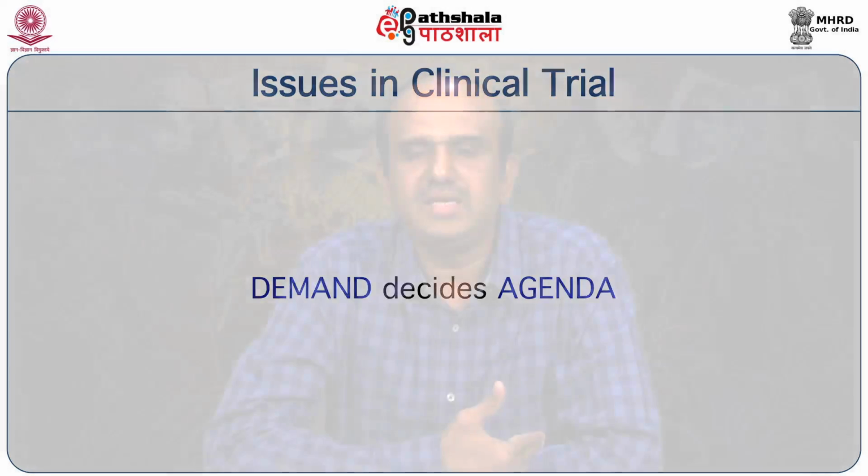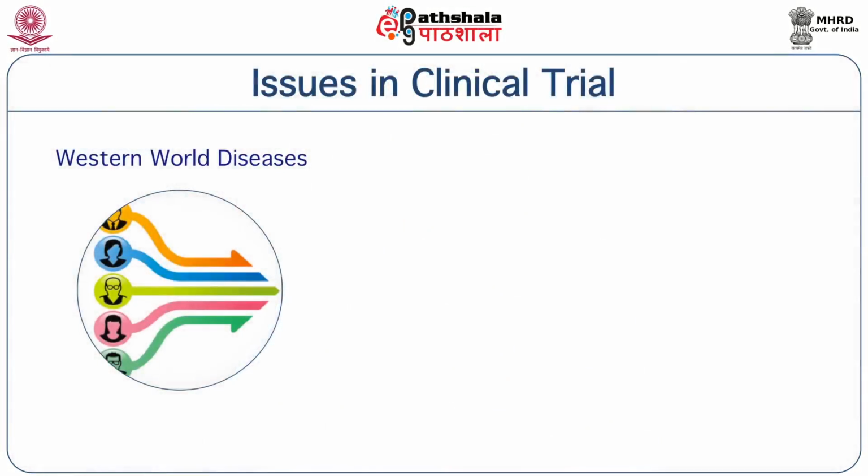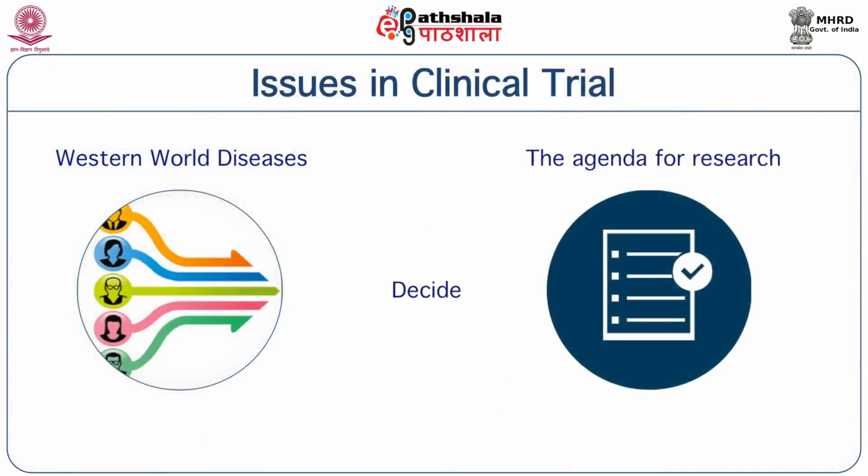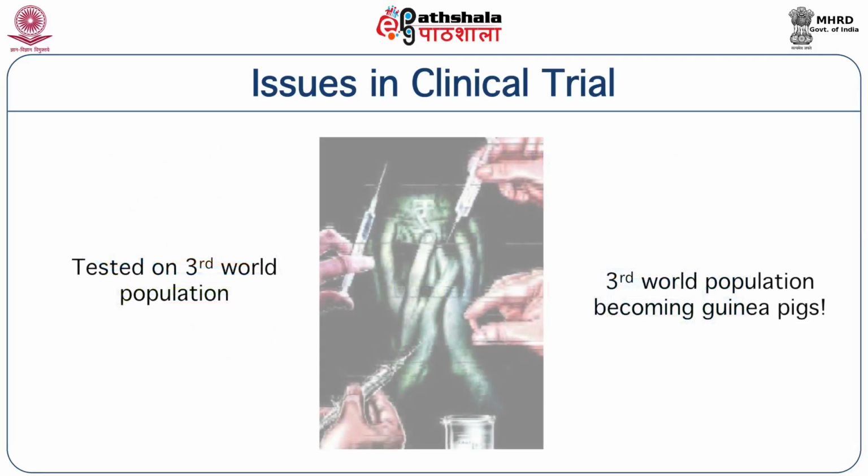One of the major issues raised in clinical trials is that lifestyle diseases and diseases of the Western world constitute the research agenda, while it is tested on the population in third world countries, and therefore the third world population is becoming more like guinea pigs. A lot of this testing is being done here.